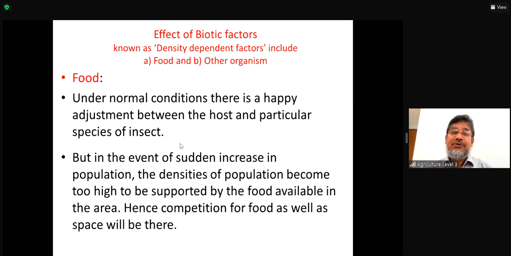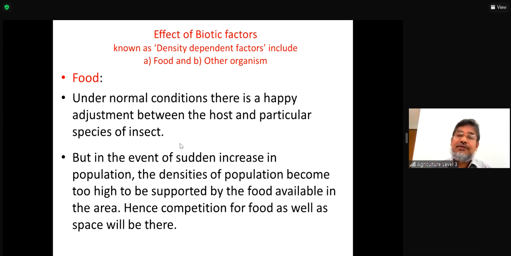But in certain situations, something might happen. When the food is short, the insects may not survive. When the food is not available, insects may not stay there. So this is very important. An insect species has certain nutritional requirements for completion of its life cycle.